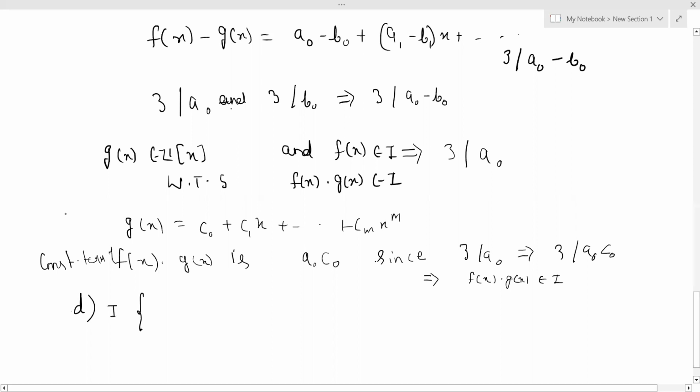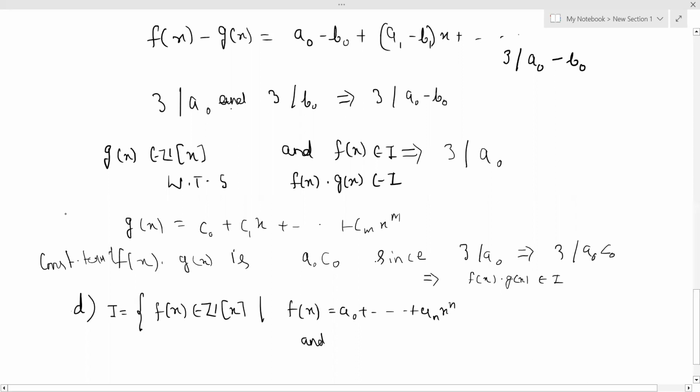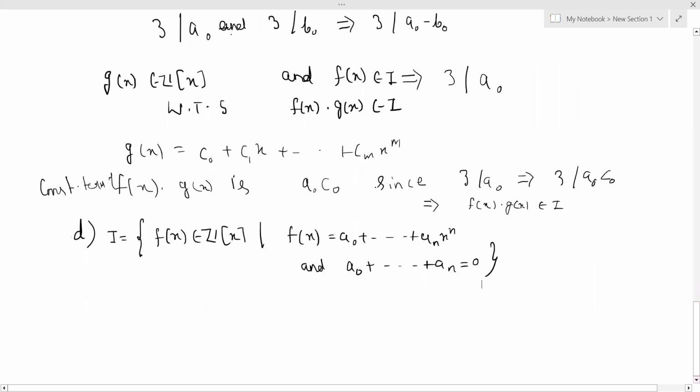So it is f(x) belongs to Z[x] such that f(x) equals a naught plus so on plus an x to the power n, and a naught plus so on plus an is 0. Is this an ideal? Tell me.